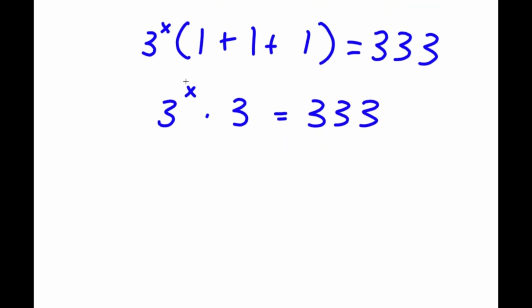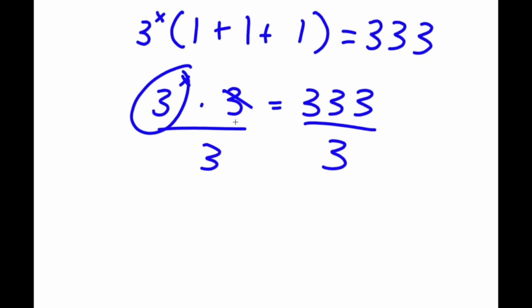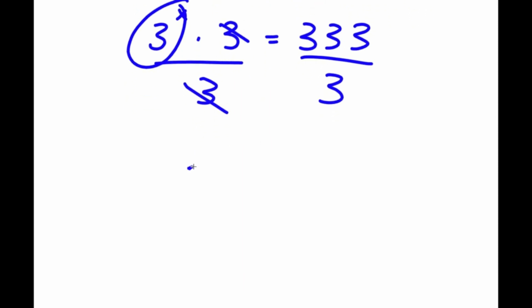So now I obviously want to isolate 3 to the power of x because this is the term that has the variable x that we're solving for. So I want to try to find a way to get rid of this 3. So to do that, I'm going to divide both sides by 3. Now, these two 3's simply cancel out, and I'll be left with 3 to the power of x is equal to 333 divided by 3, which is 111.